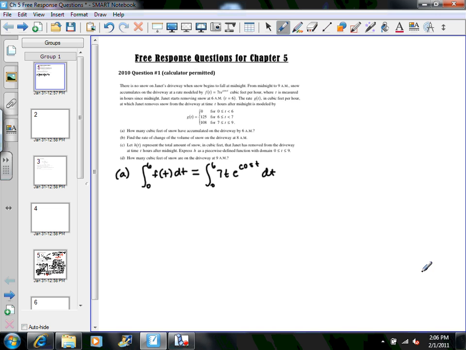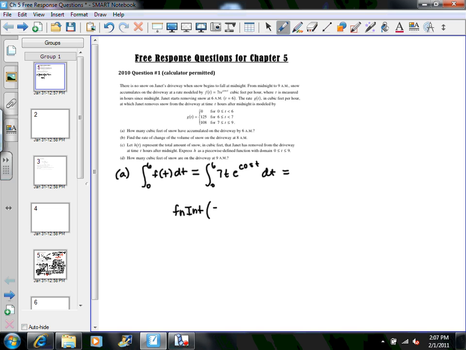So since this is a calculator question, you can just plug this into your calculator, which is a good thing to do. We haven't learned how to integrate by parts yet, so we wouldn't know how to integrate this quite yet. So when you plug it in, you're going to use fnInt, so finite integration.